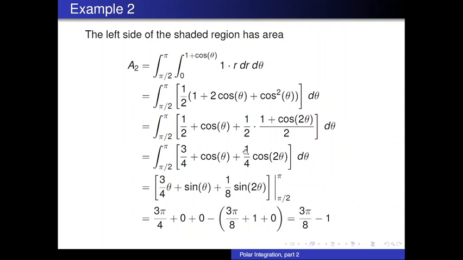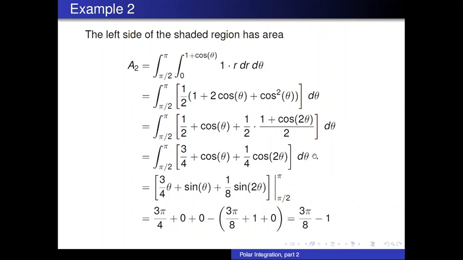Okay, so that becomes 1/4 times 1 plus cosine of 2 theta. And you can combine the 1/4 with the 1/2 and get 3/4 as your constant for your integrand. So we'll have 3/4 plus cosine of theta plus 1/4 cosine of 2 theta that we will integrate from pi over 2 to pi with respect to theta.